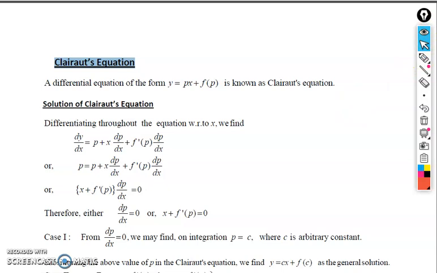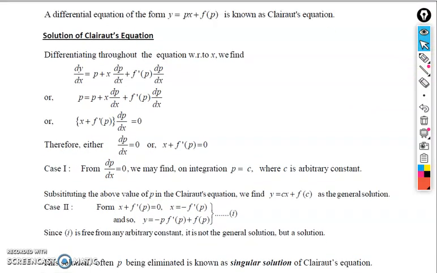So the procedure of solution of a Clairaut's equation is just the same as the solvable for y model: differentiating throughout the equation with respect to x.